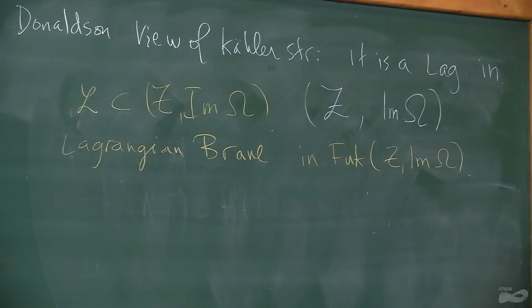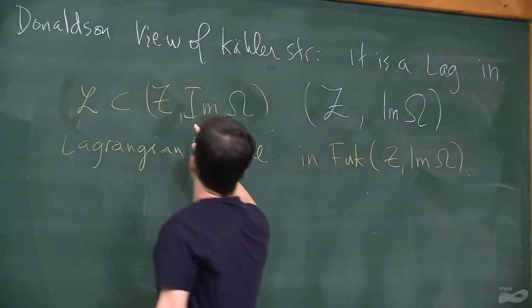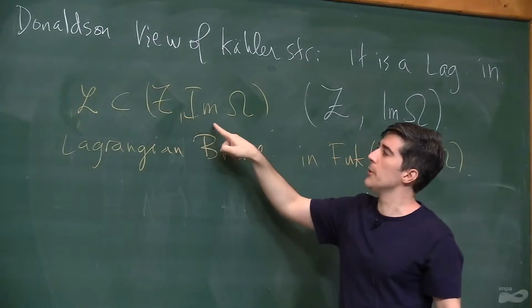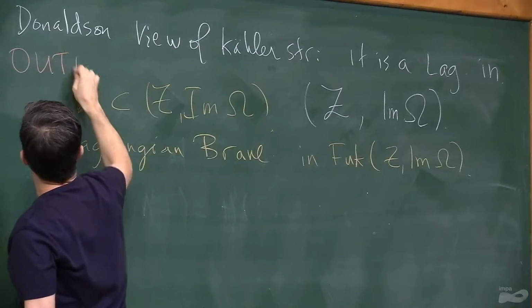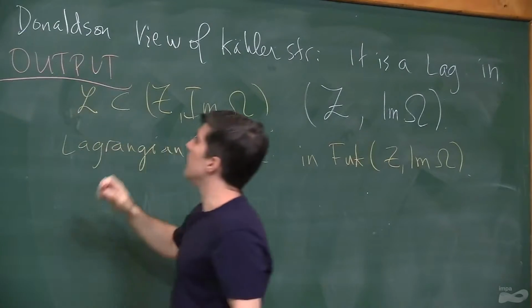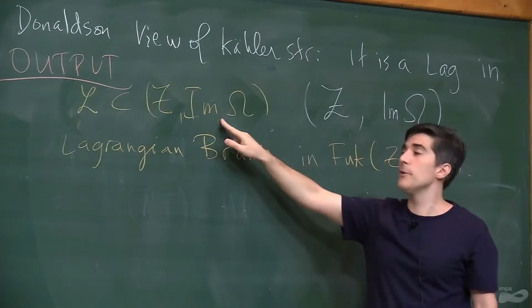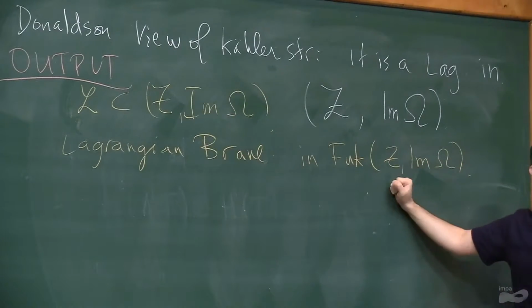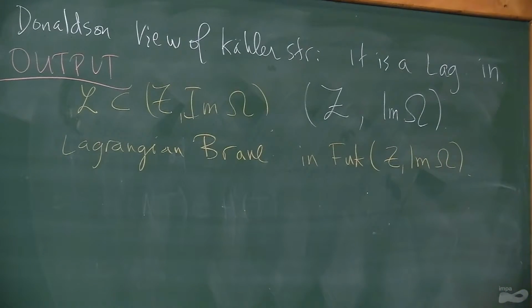So it's an object of a category. Now, of course, this is not the only one. Let me just list the output of this new viewpoint. I have a Lagrangian submanifold of a symplectic manifold, which is an object in a certain category. Let's not worry about the details of this because that would take up the rest of the talk.